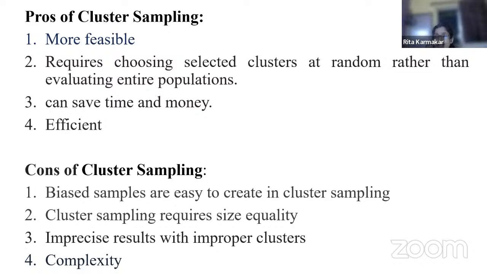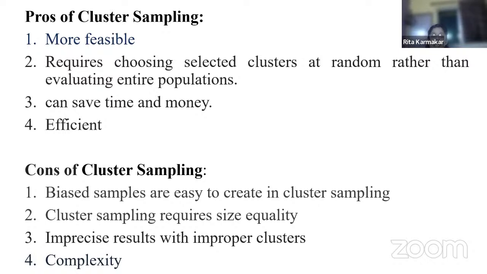India is a diversely populated country, so when you use simple random sampling, maybe by chance the bigger states get more elements in the sample than the smaller states. So when you are dealing with geographical information, you need to do cluster sampling, because India is widely populated.